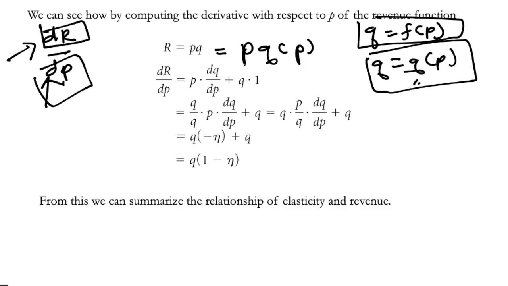Okay, so if you see the formula of revenue, you have P, you have Q here, but Q here is a function of P. So we can do the differentiation by using the product rule, because you have a first function here and a second function that consists of P. You get what I mean?